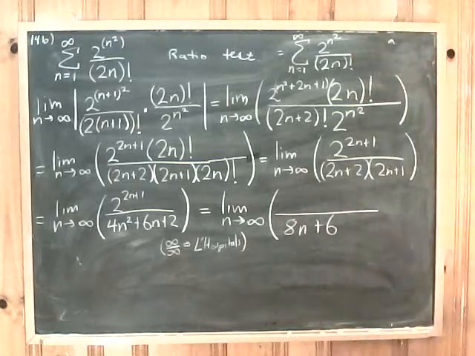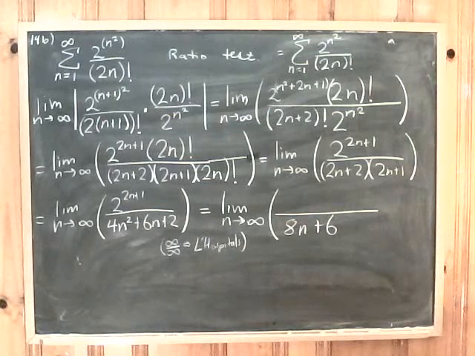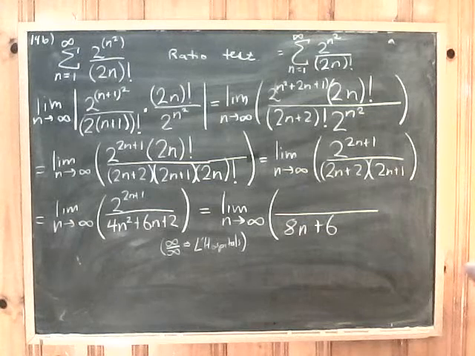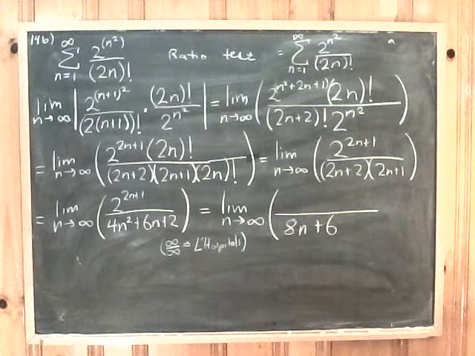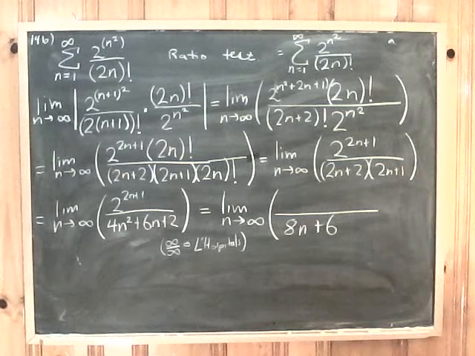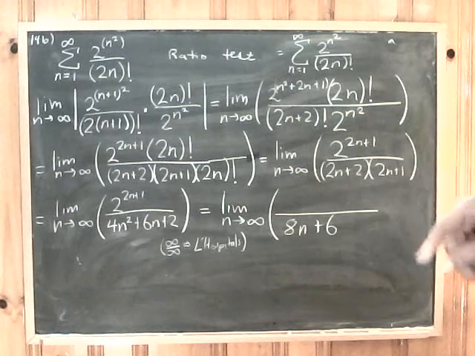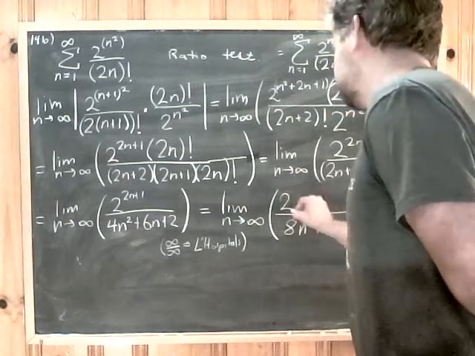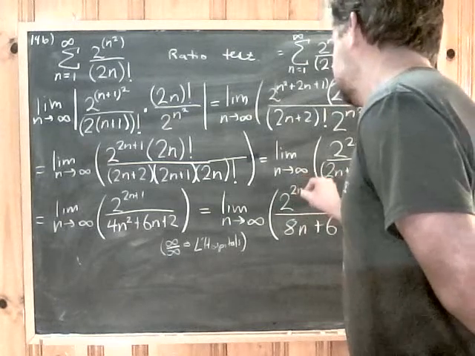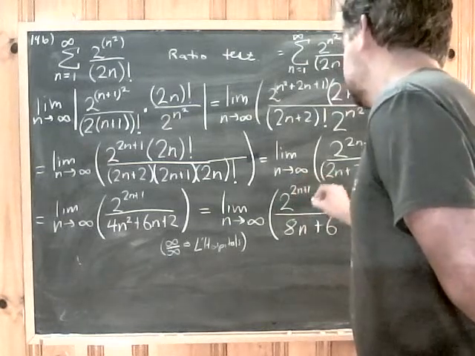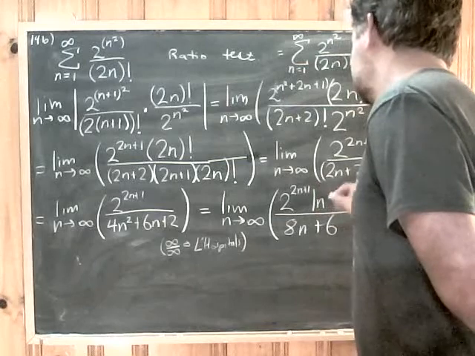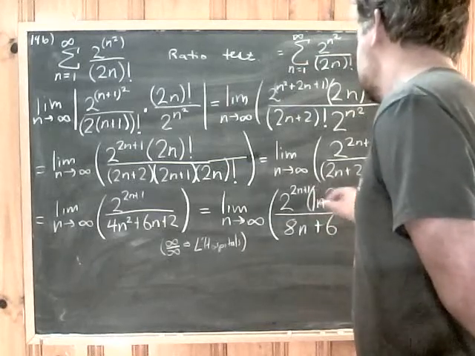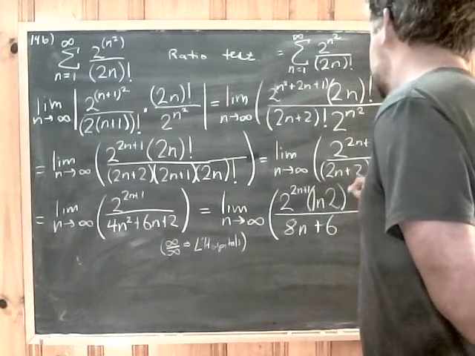But on top, that's an exponential function. So I have to remember the rules for that. When you have an exponential function, it's like e to the x, so it's always its own derivative. But then if it's not e as a base, you have to multiply by the log of the base. So the derivative would be 2 to the 2n plus 1 times natural log of 2 times 2.